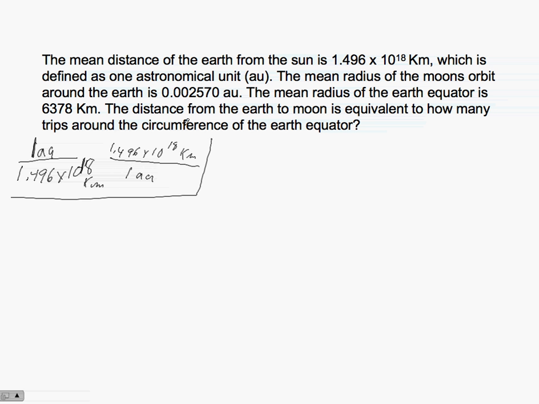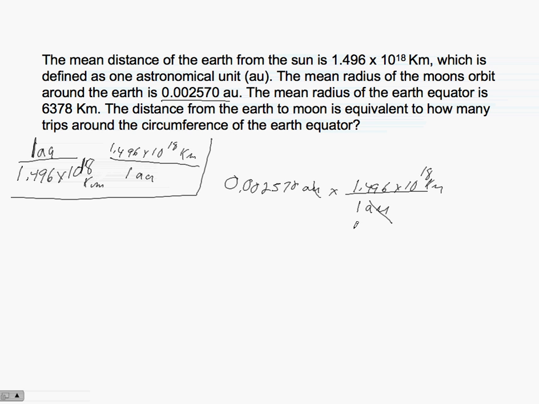The first one, we're told that the distance from the Earth to the Moon is 0.02570 astronomical units. So we want to take that number and convert it to kilometers. And the way that we do that is by using our conversion. We know that 1 astronomical unit is equal to 1.496 times 10 to the 18th kilometers.